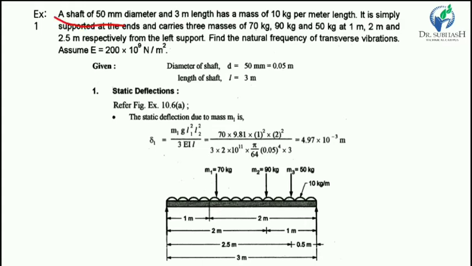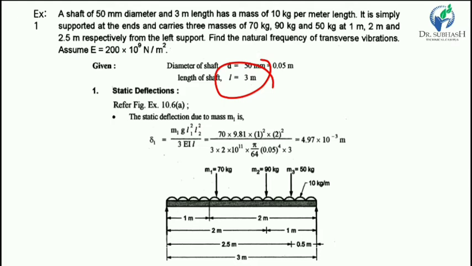A shaft of 50 mm diameter and 3 meter length. The shaft dimensions are given: the diameter of the shaft is 50 mm and the length of the shaft is 3 meters. The other data is also given: mass of 10 kg per meter length.